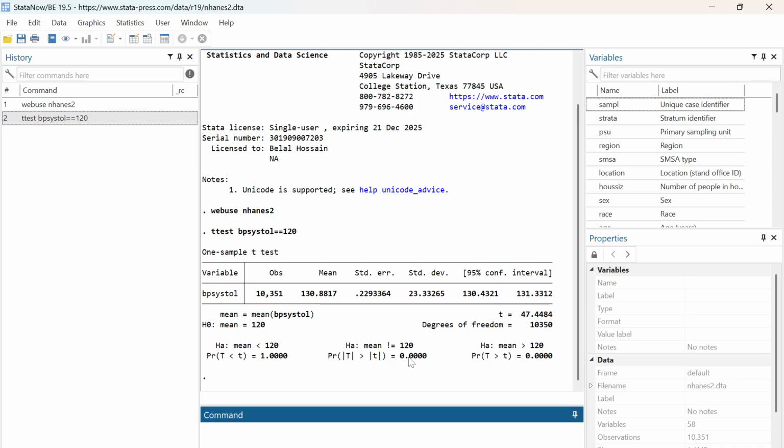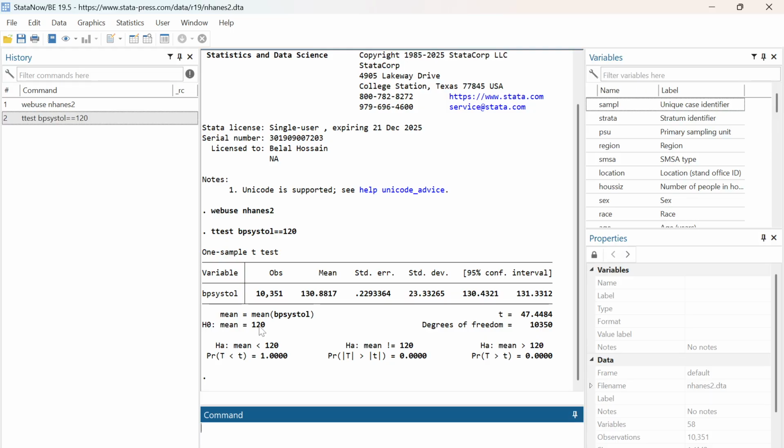So we confirm that our sample mean, which is 130, is significantly different from our specific and fixed known value 120. Okay, so this is the purpose of a one sample t-test, which is to test whether the sample mean is significantly different from a known value. In our case, this is 120.